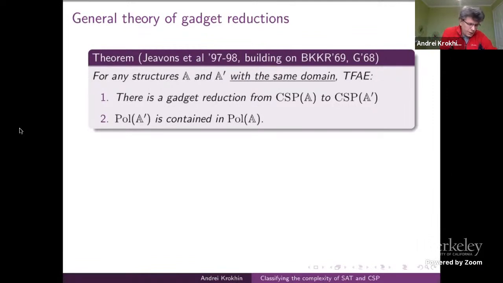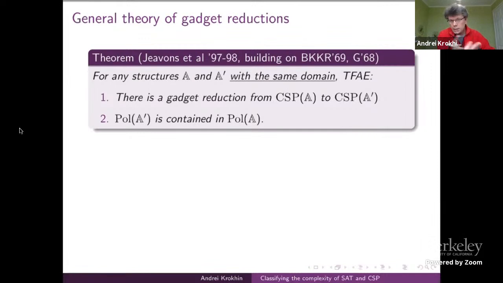There is a gadget reduction from the first CSP to the second CSP, and the polymorphisms of the second CSP are also polymorphisms of the first CSP. So it goes the opposite way. The more polymorphisms, the easier the problem. In particular, the existence of gadget reductions is controlled by polymorphisms.